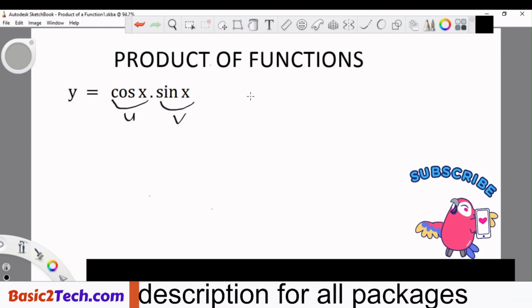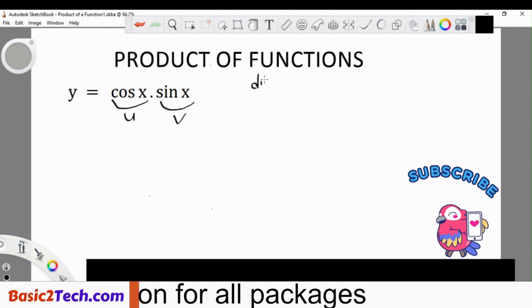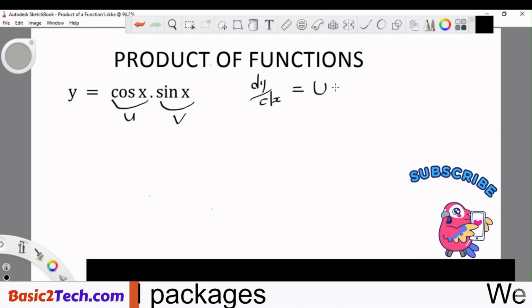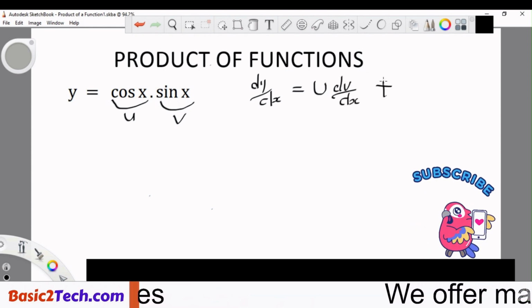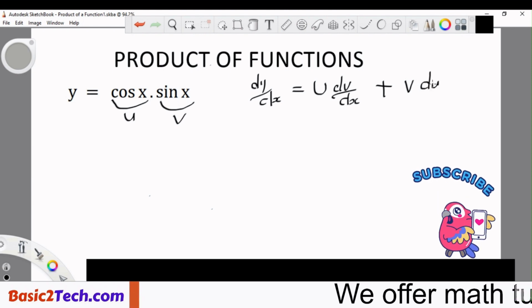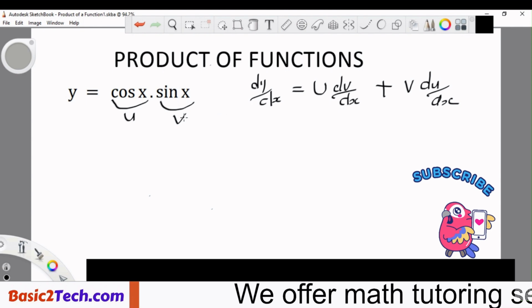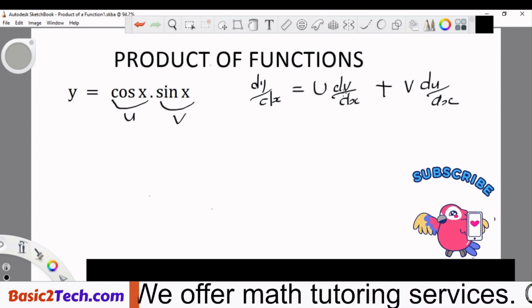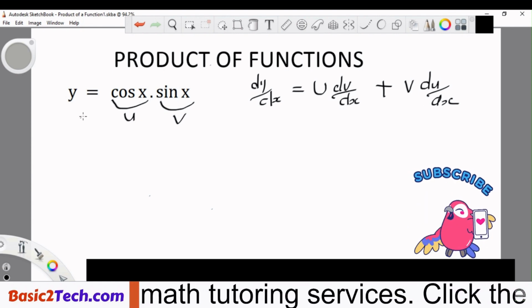Remember, to differentiate the product of functions, we use dy/dx equal to u dv/dx plus v du/dx. So let's try our best to find what these variables are.